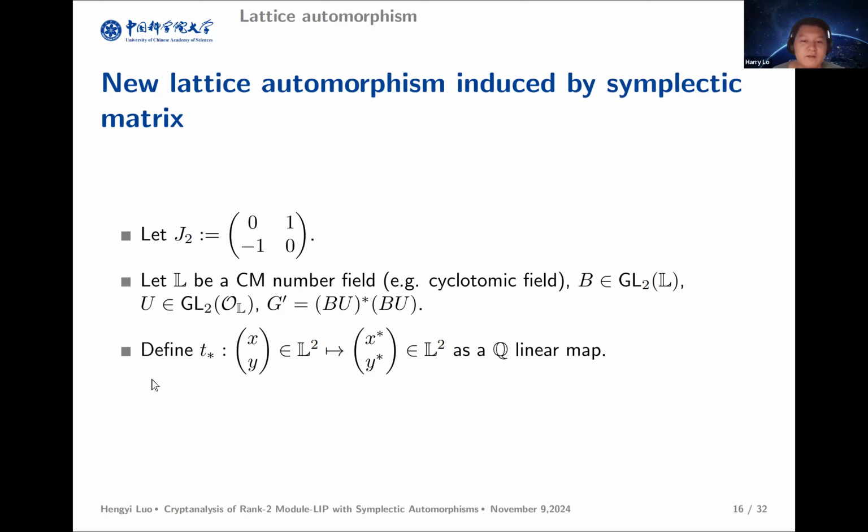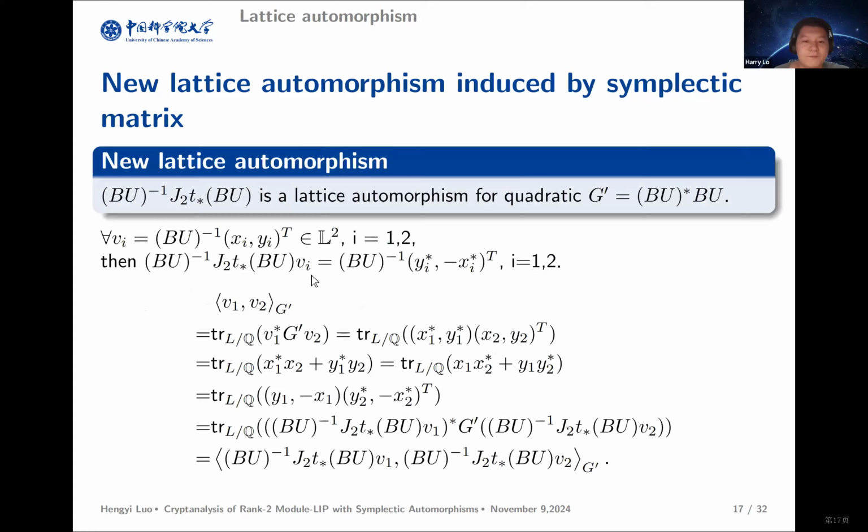And we can define the Q-linear map T* like this. It's just conjugation on each component. For the quadratic form G' equals (BU)* times BU, we claim that (BU) inverse times J_2 times J* times BU is a lattice automorphism. The following calculation supports this assertion.